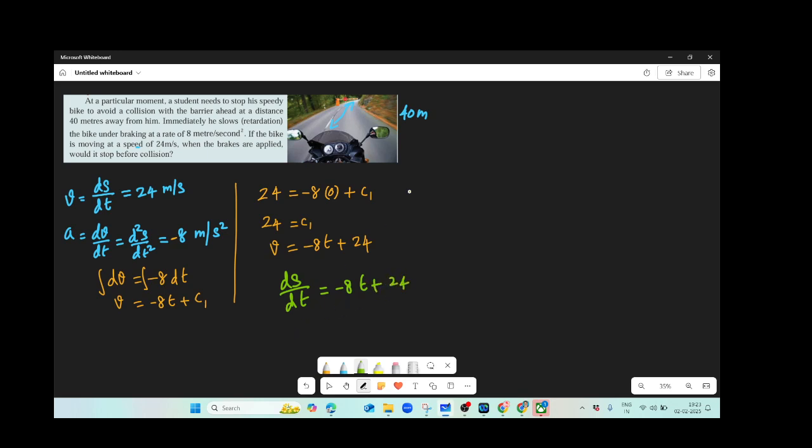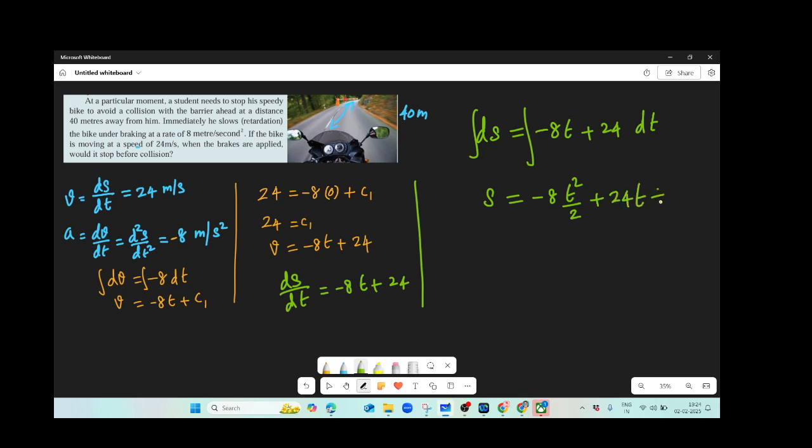So ds equal to minus 8 times t plus 24 into dt. Now we have to integrate. When you integrate ds, it becomes s, which is nothing but distance. Minus 8, integrate t becomes t square by 2, plus 24t, plus we get one more constant c2.